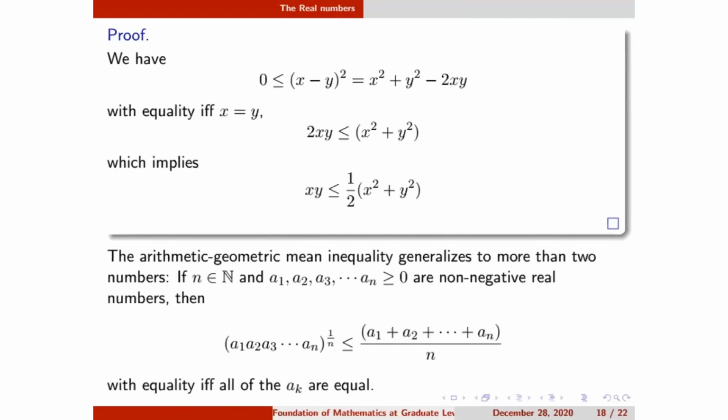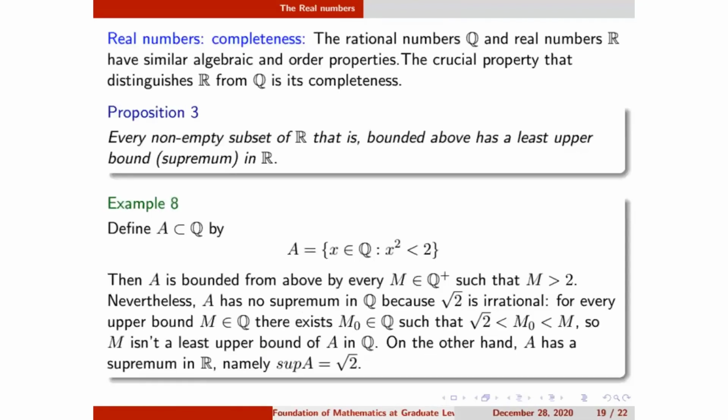The geometric mean of these real numbers is always less than or equal to the arithmetic mean, with equality if all the ak are equal. So this is the basic thing about the geometric and arithmetic mean. We used to study this in our 10th class.